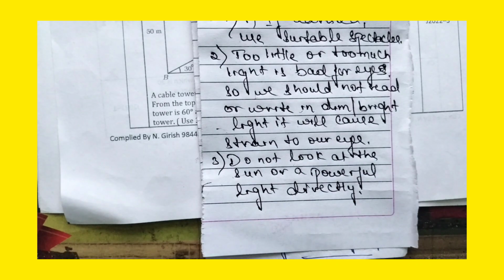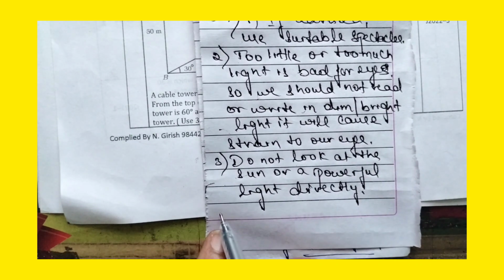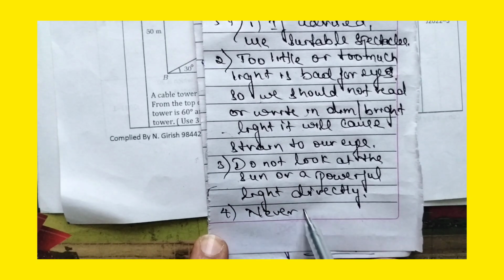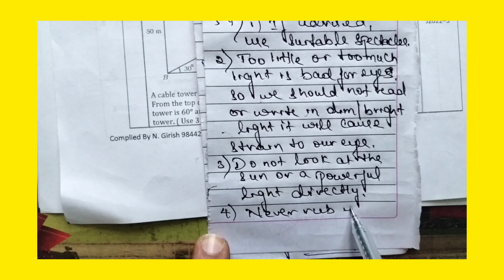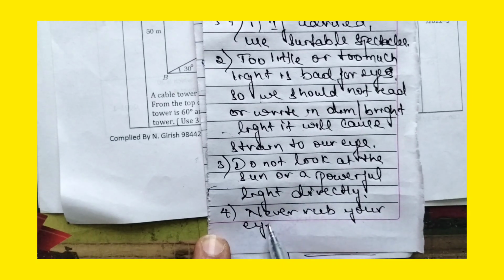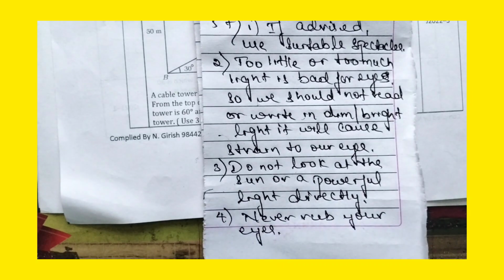So this is the third point that you have to write. Then fourth point, never rub your eyes. So these are some of the points that you can apply to care for your eyes.